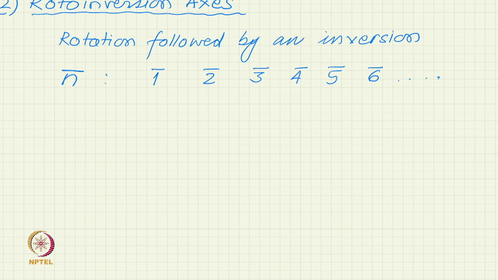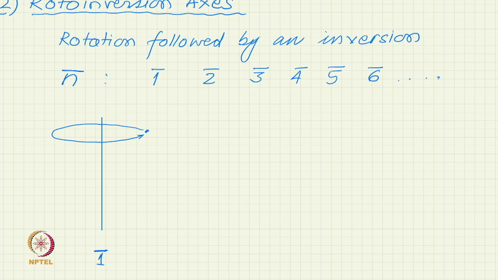So let us look at the one-fold roto inversion axis, 1 bar. So if I have this as the 1 bar axis, and if I have a point, then by how much do I have to rotate? 1 bar axis means rotation by a complete 360 degree, which is equivalent to no rotation.